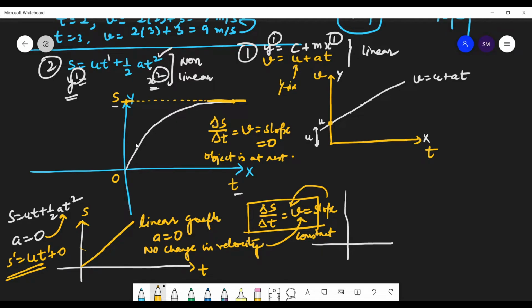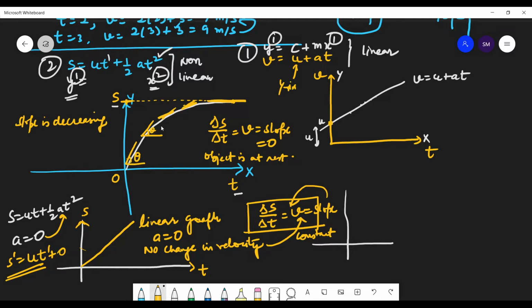So see the slope in this case. Here the slope is decreasing. What is happening? Decreasing. Slope is decreasing. Yes. See, here the slope was more, and slope is nothing but we tell it in terms of theta.